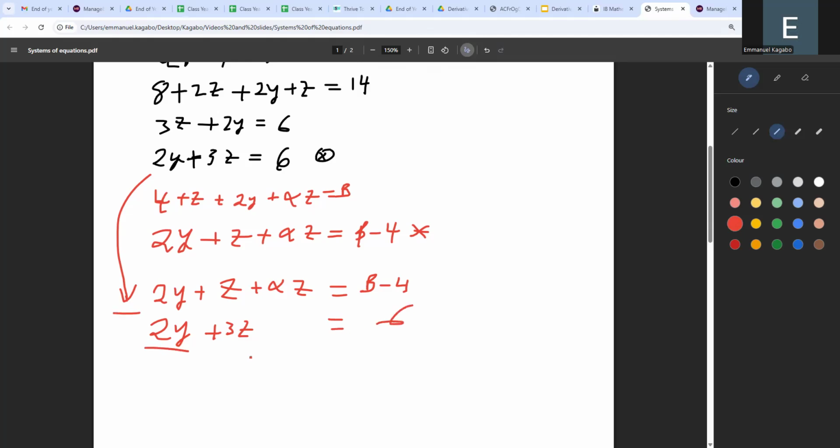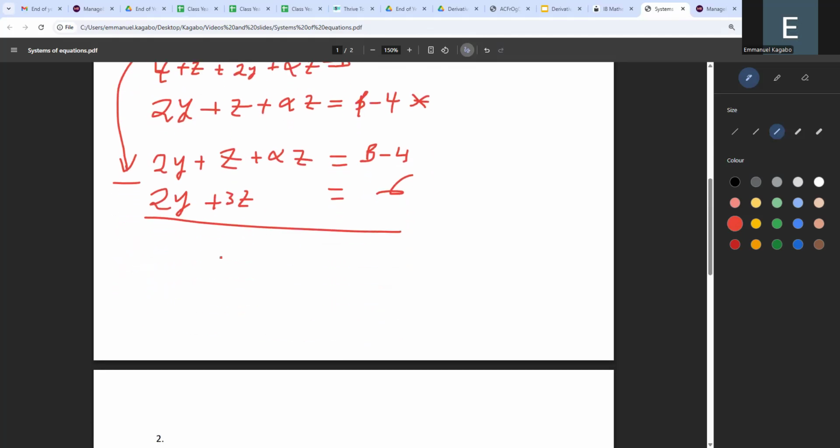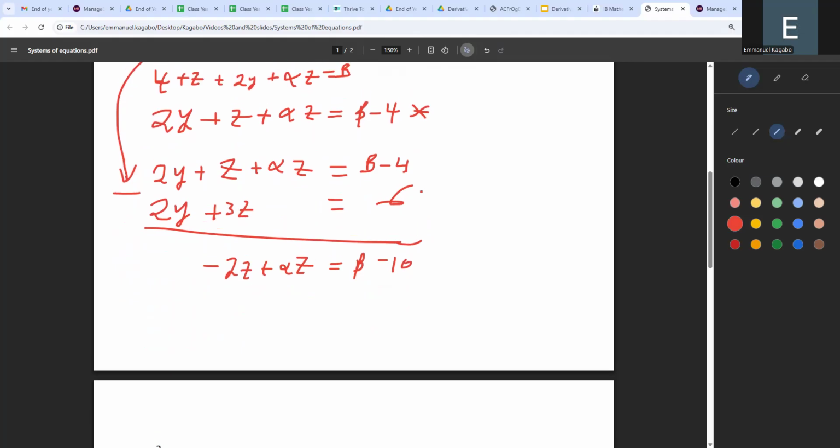Now, when I subtract, because they are the same, I'm going to have minus 2z plus alpha z, because I did z minus 3z, I get negative. Okay, here equals beta minus 10. Altogether at this point, I hope you understand that.